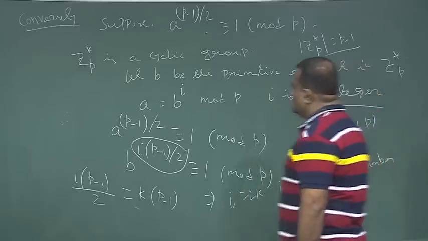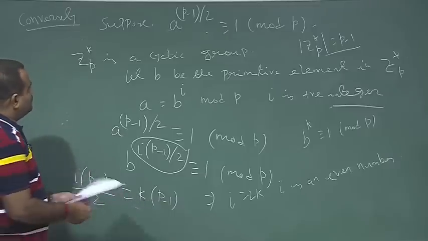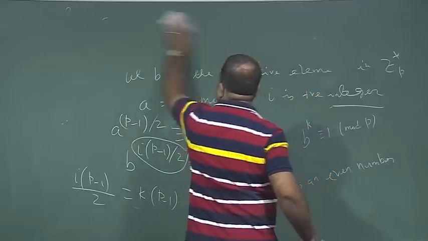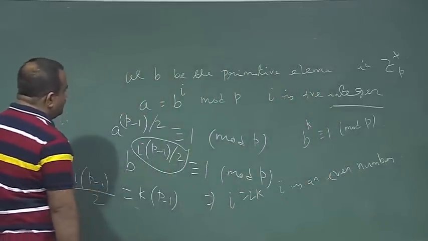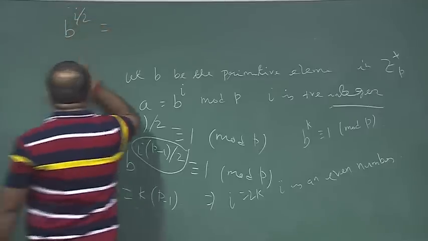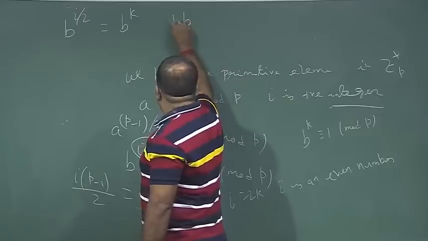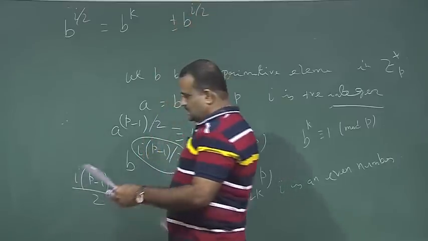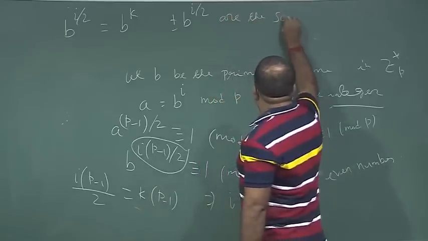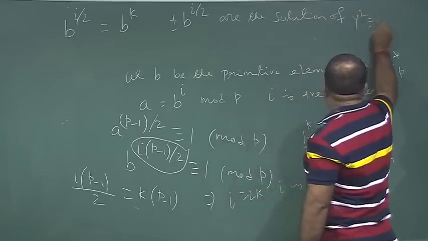Since I is an even number, we can take I by 2. I is basically 2k, so b to the power I by 2 is basically b to the power k. So, plus or minus b to the power I by 2 is a solution of y squared congruent to a mod p.